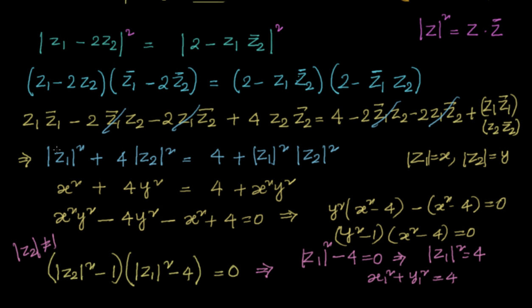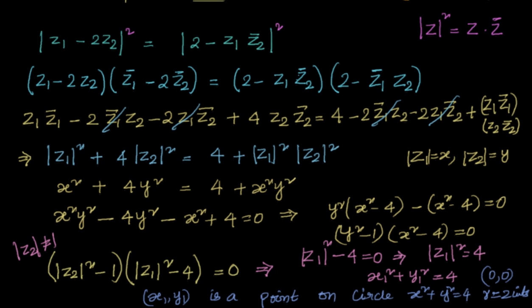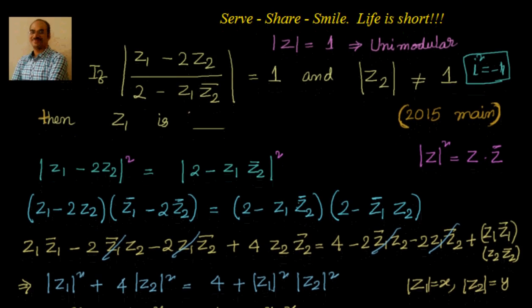The meaning is that x1 comma y1 is a point on the curve x square plus y square equal to 4, which is nothing but a circle, having center at 0 comma 0 and radius equal to 2 units. So what we can say about z1? We know that z1 is a point on a circle which is having radius of 2 units. So that's a solution for this particular problem.